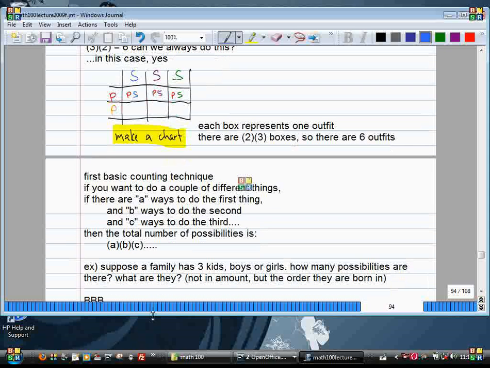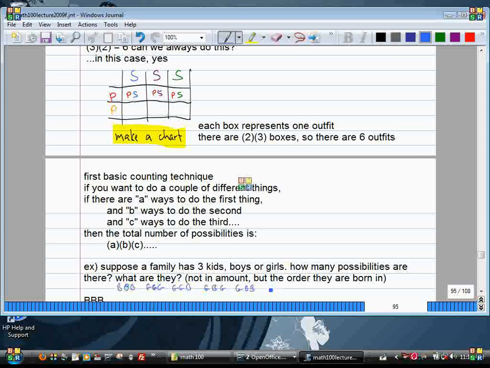Okay. So what are the possibilities? Okay, boy, boy, boy. What else? Okay. So let's see if we can get them all. Boy, boy, boy, and what else? Girl, girl, girl. What else? Girl, girl, girl, boy. What else? Girl, boy, girl. Girl, boy, boy. What else? Girl, girl, boy. Already have it.